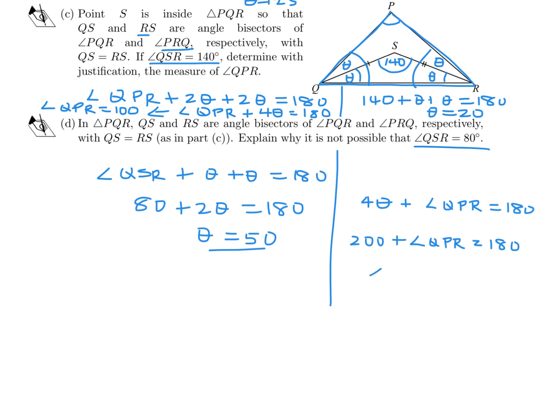And therefore, angle QPR is equal to minus 20. And since angles cannot be negative, this will not work. So you can just explain in a sentence that since QPR ends up being negative 20 degrees, we cannot start with QSR being 80 degrees.